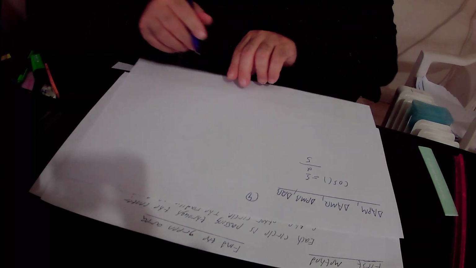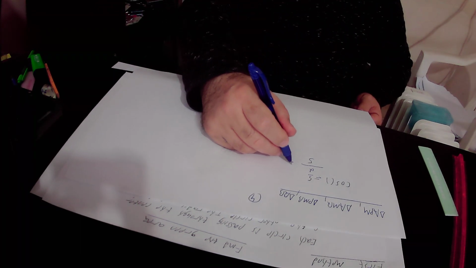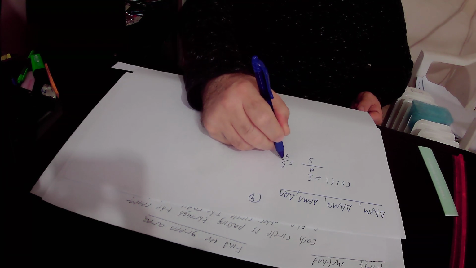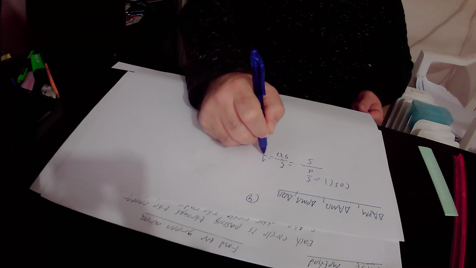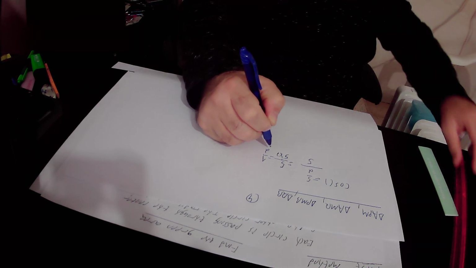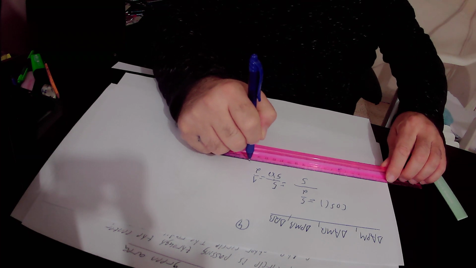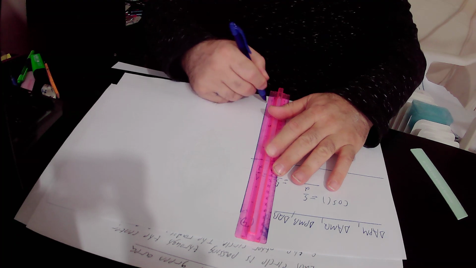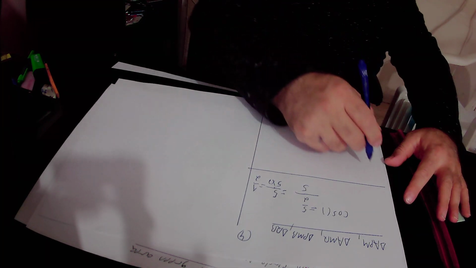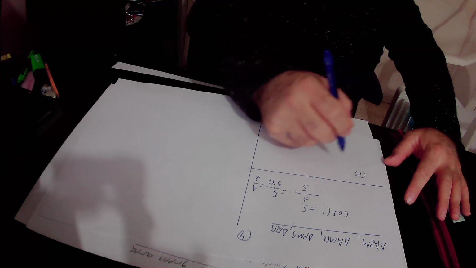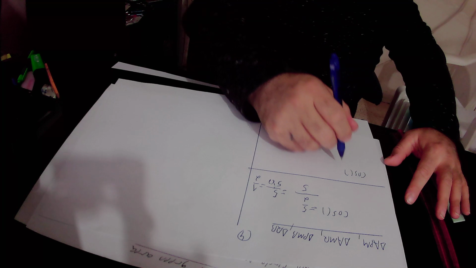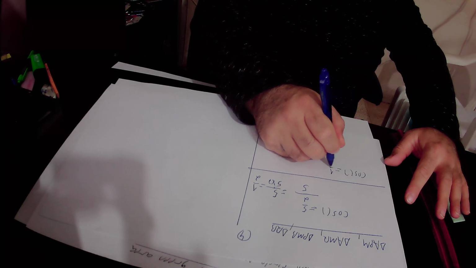So here 5 over 2 over 5 equals 5 over 5 times 2. 5 over 5 is 1. So it is 1 over 2. So we found out that the cosine of the four angles that I marked in those four triangles equals 1 over 2.